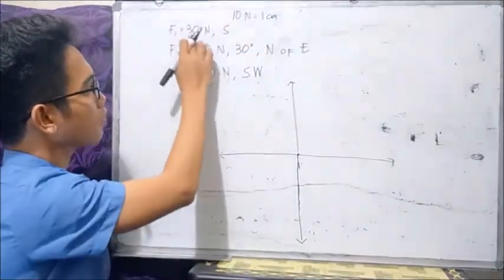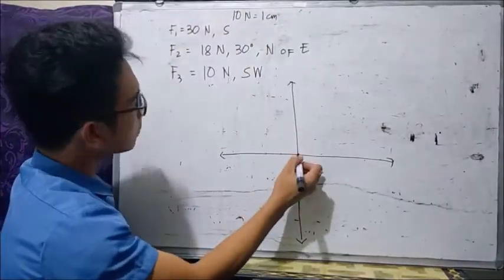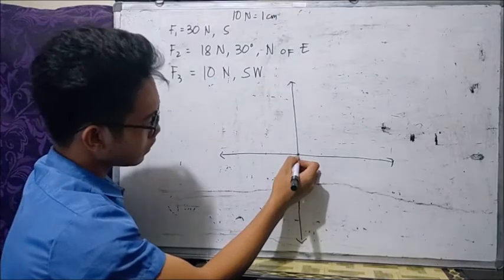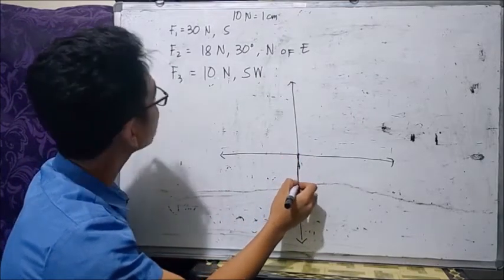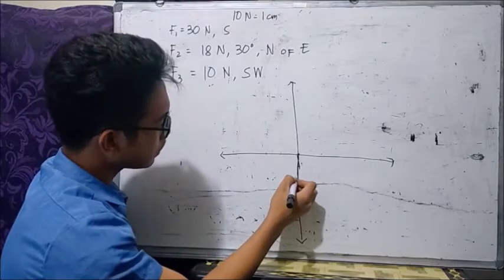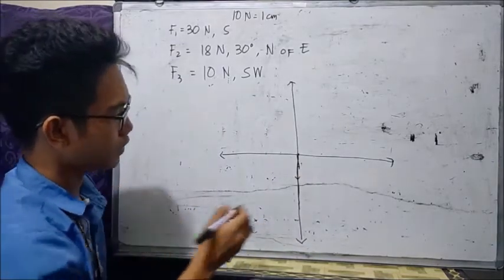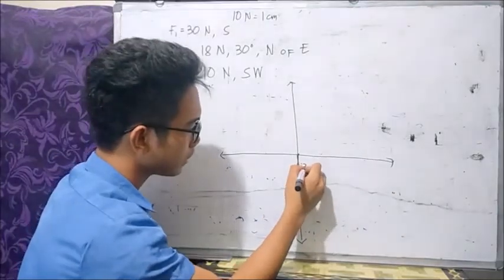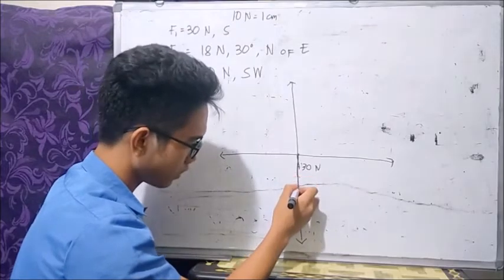So in this case, we have 30 Newton, so we are going to measure 30 centimeter that is south. So it's going south, so it is here. Okay, so let's say this is 30 Newton. Okay, let's make it longer.